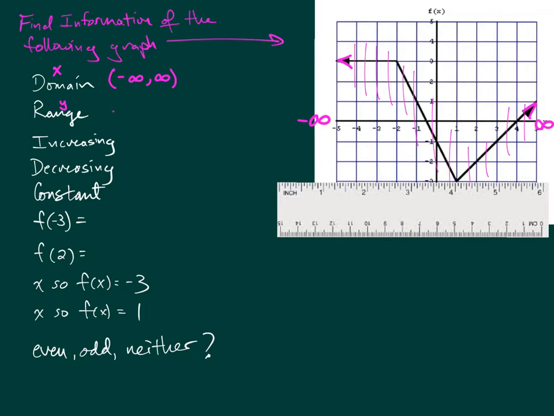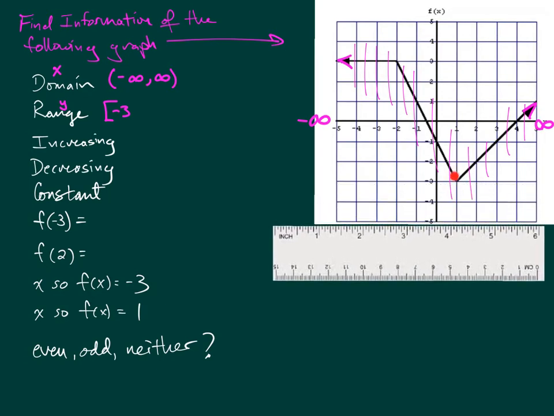So I'm going to start out at negative 3, and I'm going to put a square bracket around it because at this point right here, there is a closed dot, something that looks like this. And a closed dot means we include that particular value.